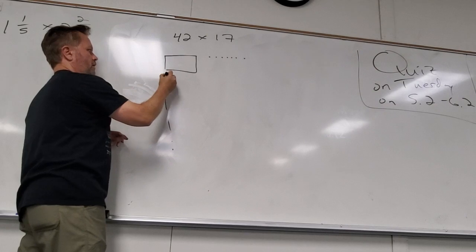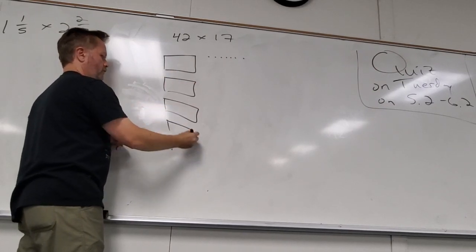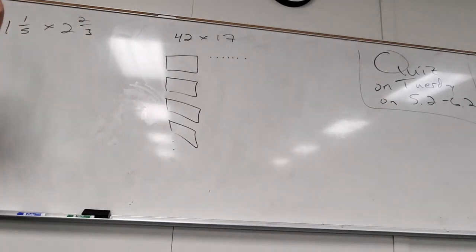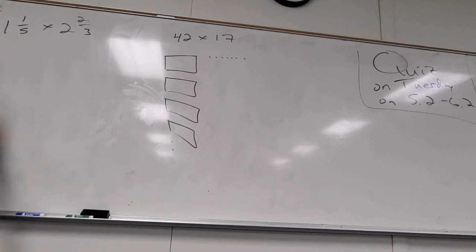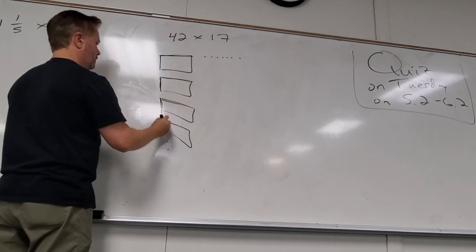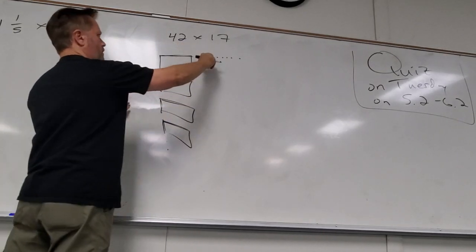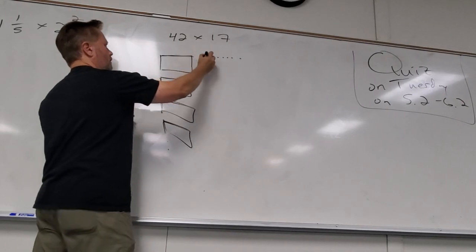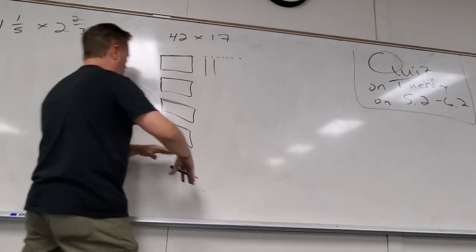That'll be 100, 200, 300, 400. I don't know if you guys remember that we did that. And you can actually use the flats and the longs and so forth. So this is 10 times 10, 10 times 10, 10 times 10, 10 times 10, 4 times, of course. And then this will be, blah, blah, blah. So you can keep going.